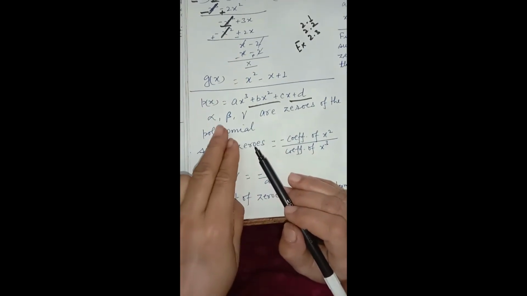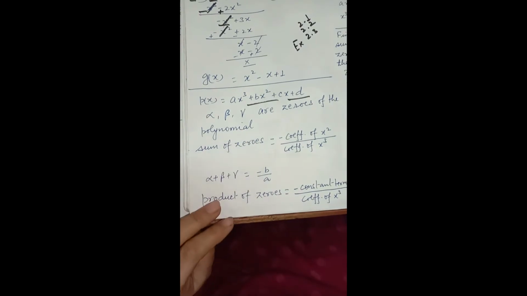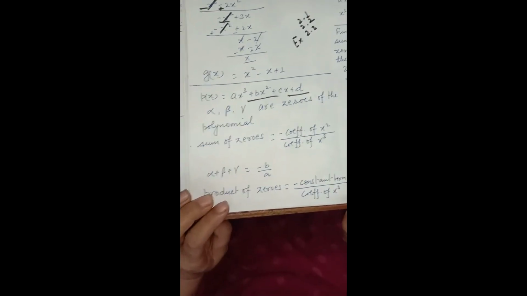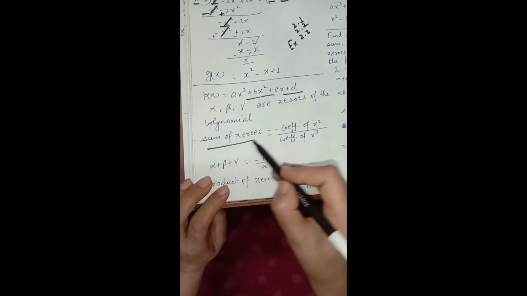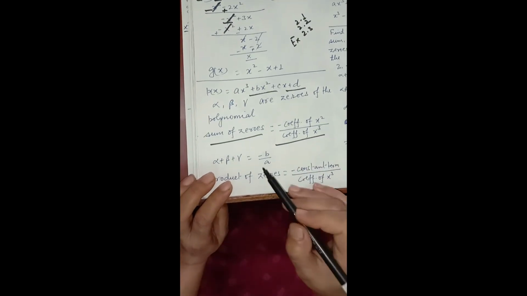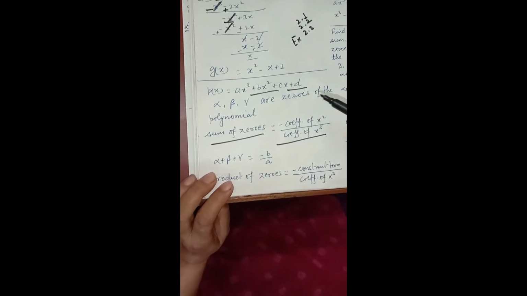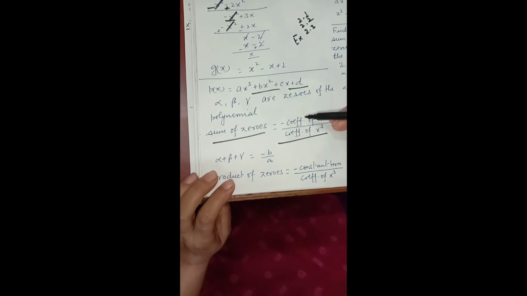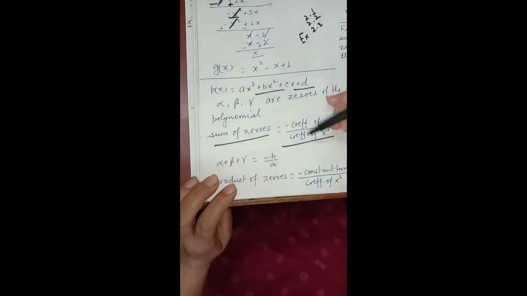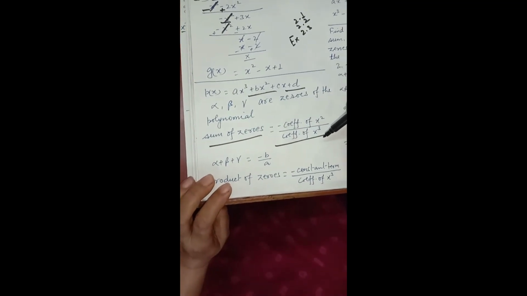Let alpha, beta and gamma be the zeros of the polynomial. So sum of the zeros is equal to minus b upon a. Here b is the coefficient of x square and a is the coefficient of x cube.